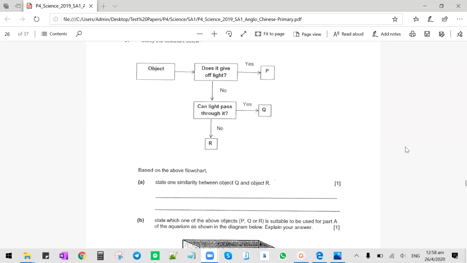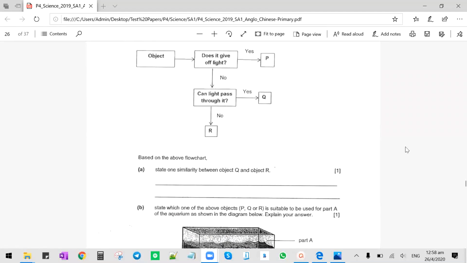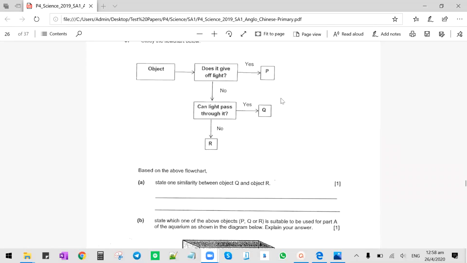Study the flowchart below. State one similarity between object Q and object R. Q and R. The similarity is both of them do not give off light, right? Why?